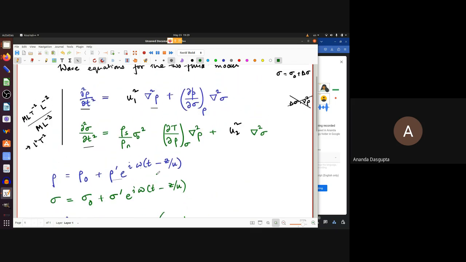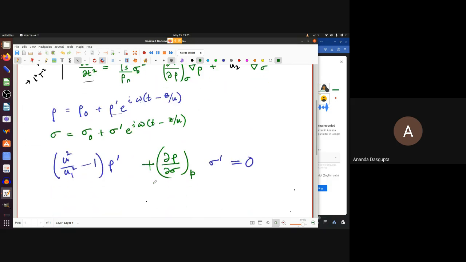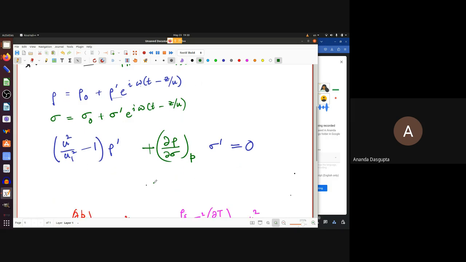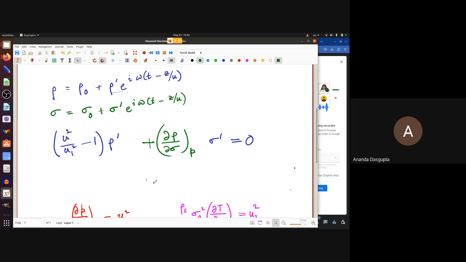Because actually, when you put in the del 2 Laplacian sigma, you get a minus from here. So this term already had a minus, and therefore you actually end up with a plus in this case when you move everything to one side. And then the other equation, I'm just going to write down the answer for you. The other equation will actually give you this.